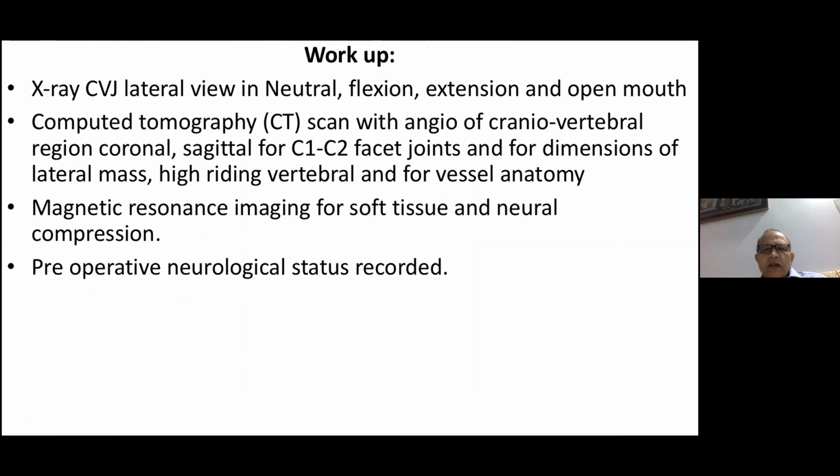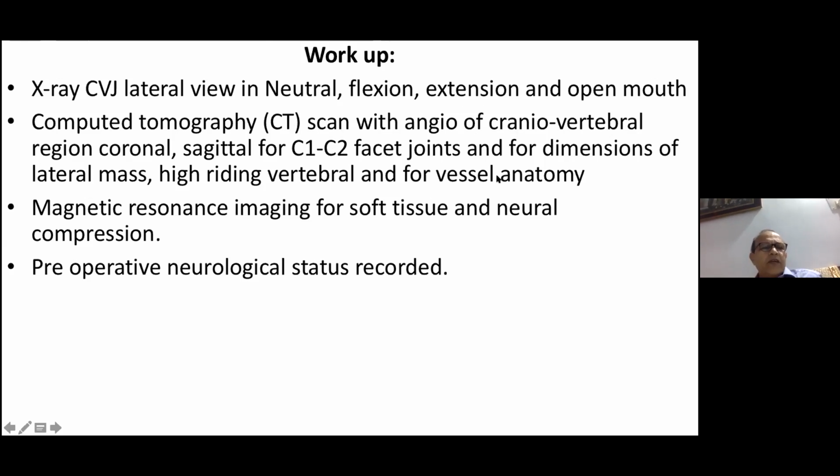had only one infection. So X-ray, what should be the workup? You should go for X-ray, craniovertebral junction, lateral view, in neutral, flexion and extension, and open mouth for odontoid process. One should go for CT scan to know the detailed bony anatomy, and with angio to find out the vessel.